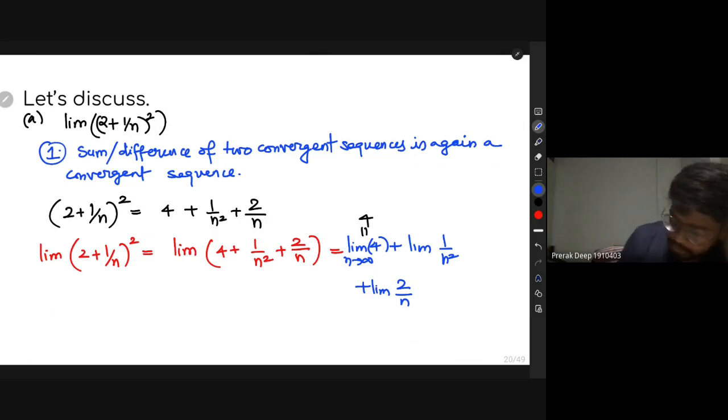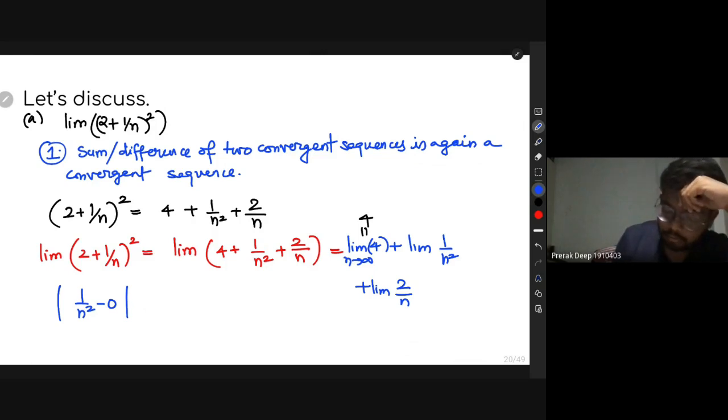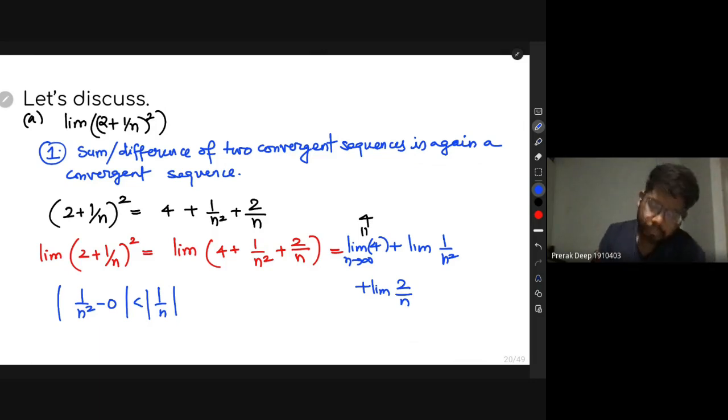How do we prove that? We can go back to the definition. We claim that it is 0. For epsilon, we need to find some N for which this always holds. Now 1 over n square is smaller than 1 over n, and we know that 1 over n converges to 0.